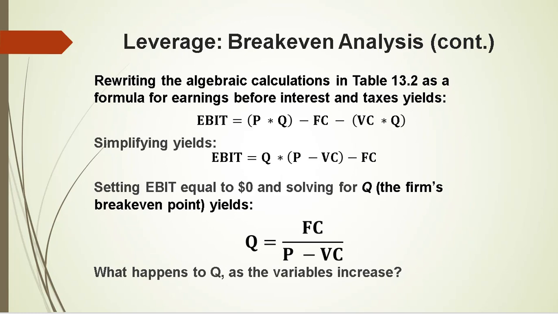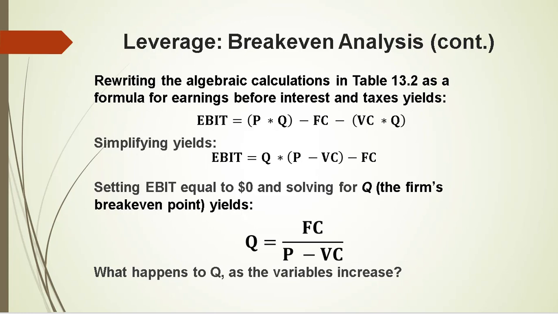So for our first formula here, we want to solve for Q. If you look at the equation for operating profit, it's price times quantity minus fixed costs minus the variable cost, which is variable cost times Q. So if you simplify that formula, EBIT equals quantity times P minus VC.